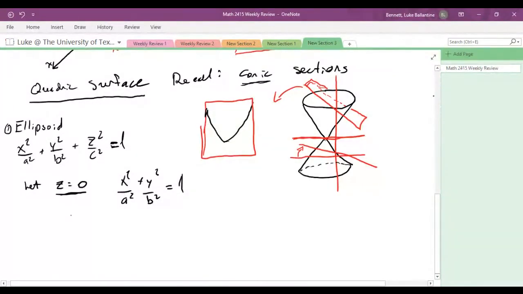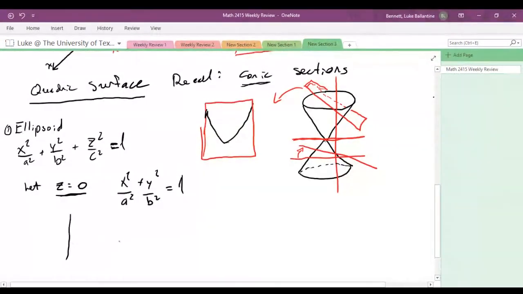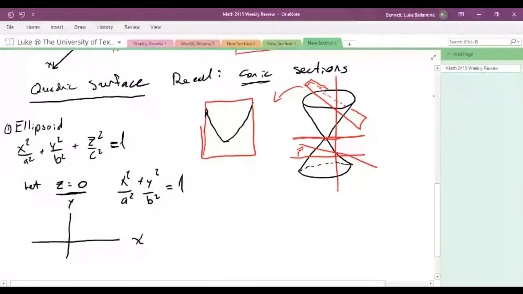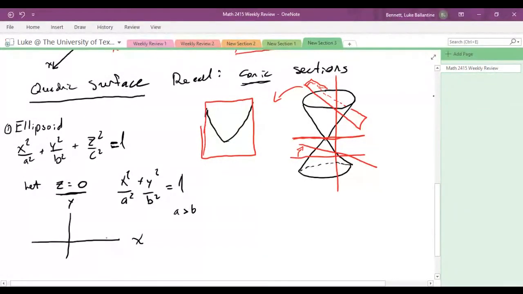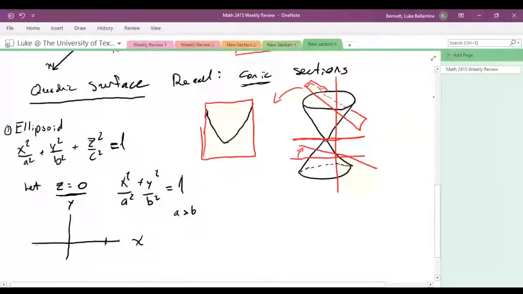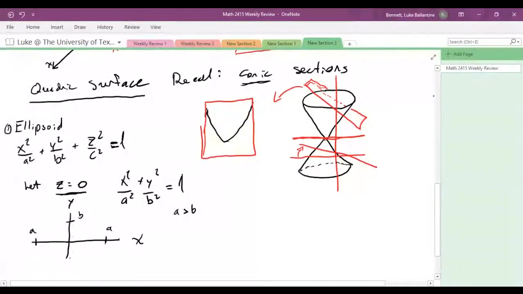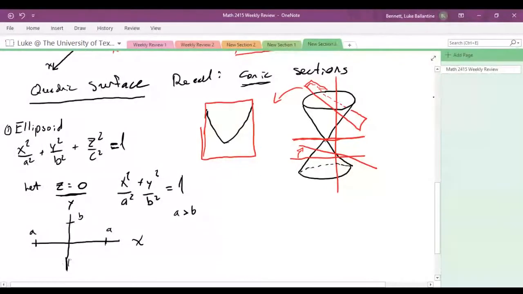And graphing this on the xy plane, suppose a is greater than b, then this distance would be a, this distance would be b. Sort of like a football.